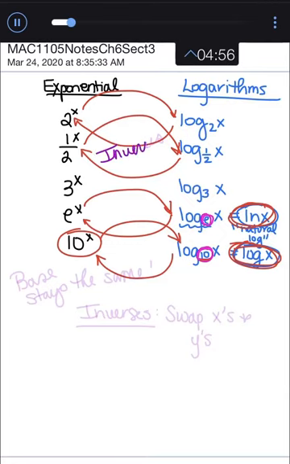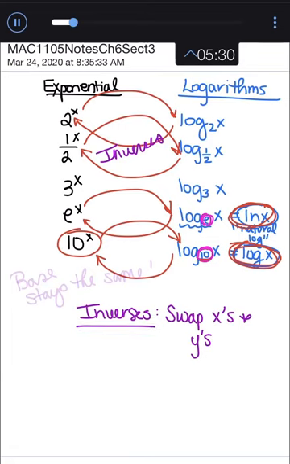And remember, inverses undo one another. Another way of remembering inverses is, remember, you swap your x's and your y's. So that's a quick reminder about inverses. How do you find inverses? Remember, for inverses, you swap x's and y's.